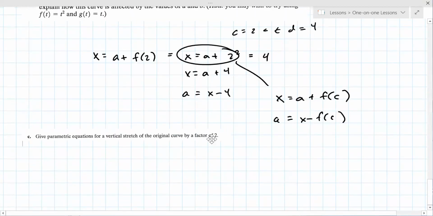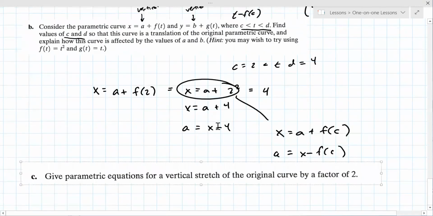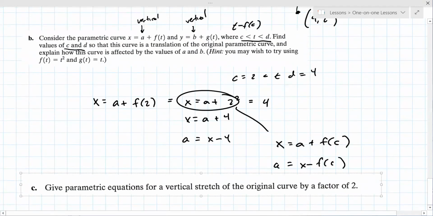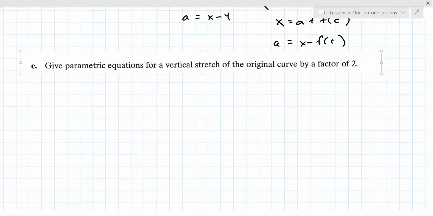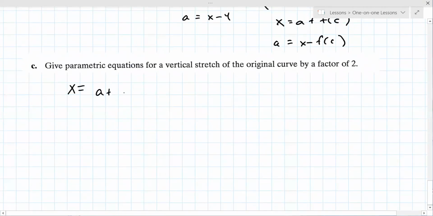The original curve is x equals a plus f of t, or maybe it's just f of t. I'm not really sure. Does it say? Yeah, so the original curve is x equals f of t.